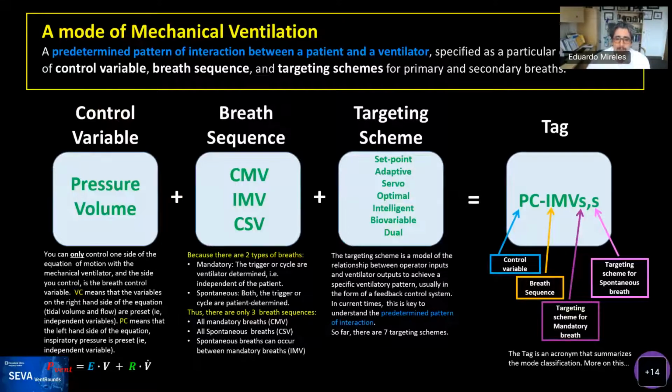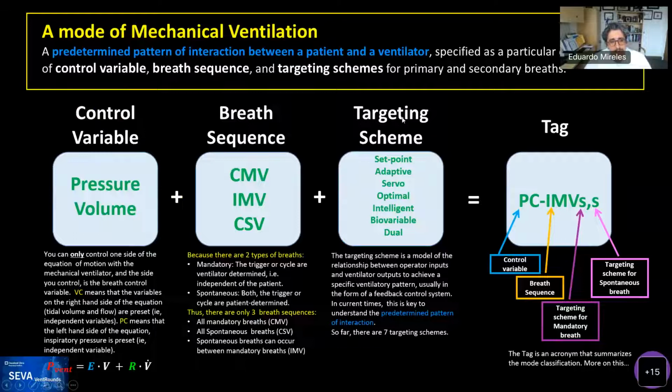In brief, we have been reviewing over the last 4 sessions what is a mode of mechanical ventilation. Essentially, we have said that this is a predetermined pattern of interaction between the patient and the ventilator, and it has 3 items in combination: the breath control variable, the breath sequence, and the targeting scheme.